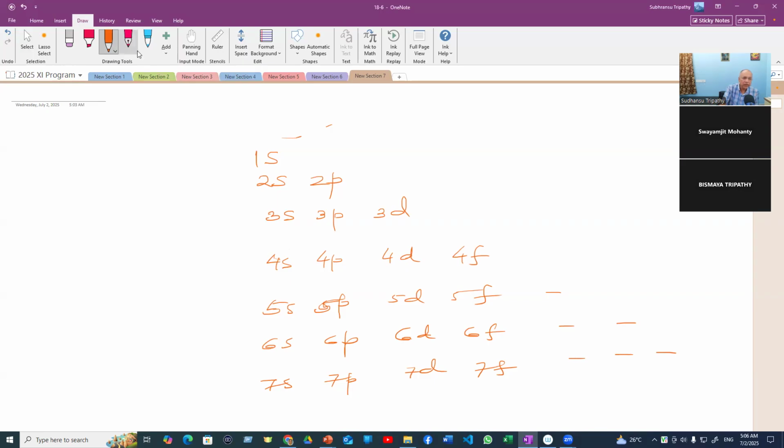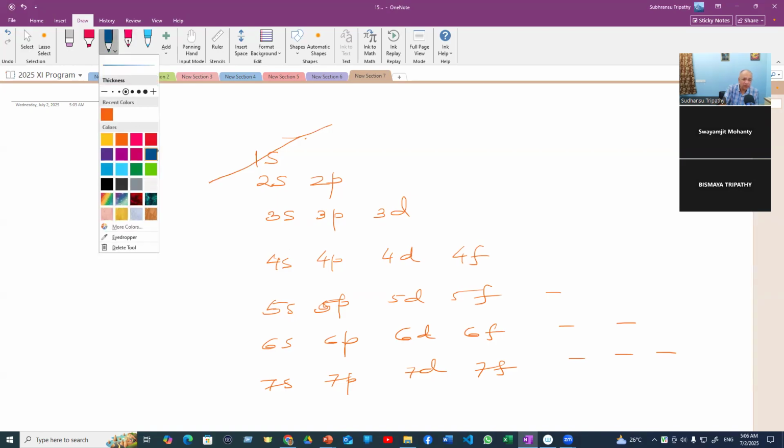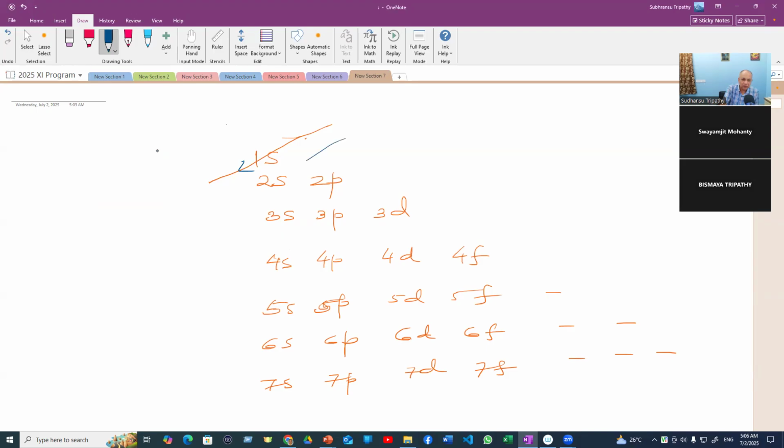And then you have to draw slanting lines. Now I'll change the color, overlapping with these orbitals.